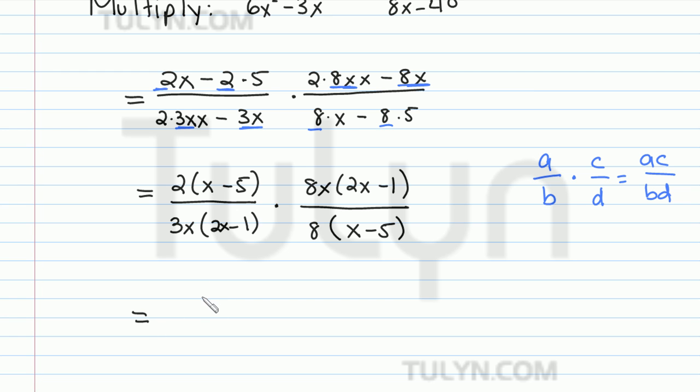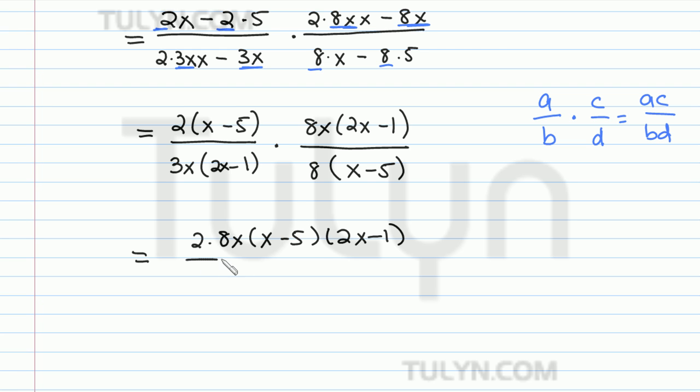This becomes 2 times 8x times (x minus 5) times (2x minus 1). I'm just combining the numerators and writing them in an order that seems more organized. And then the denominator becomes 3x times 8 times (x minus 5) times (2x minus 1).